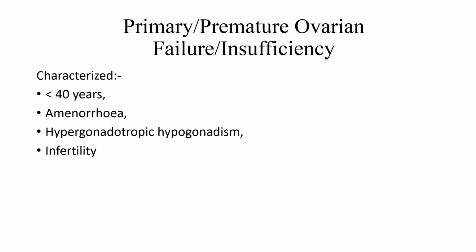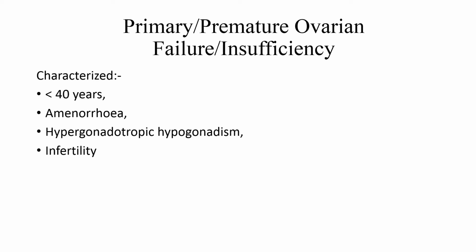So the pool of ova in the ovaries is depleted with age, and the normal age in the case of Indian women, we said, is 45 years, and for other populations like European and American, it is 51 years. So before this, if the pool is depleted, it means it is premature ovarian failure, or primary ovarian insufficiency.